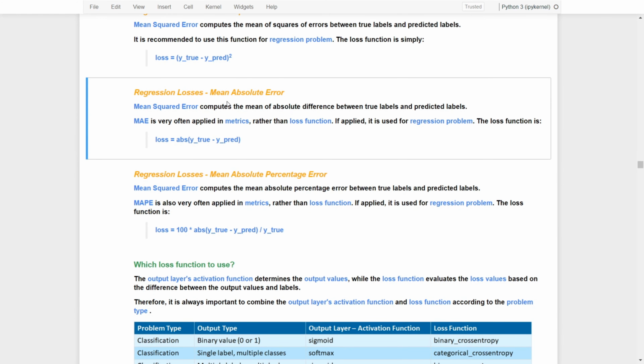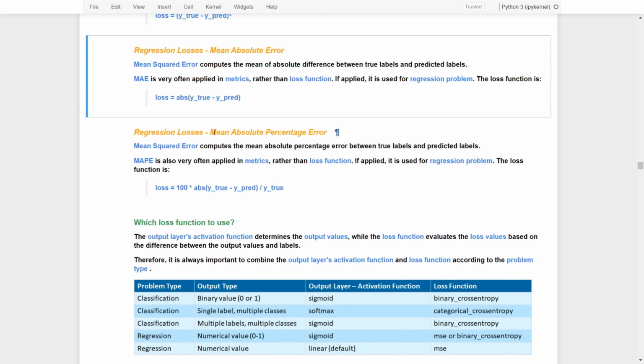And for the MAE, that computes the mean of absolute difference between the true labels and the predicted labels. And the loss function is like this. MAE is very often applied as a metric rather than a loss function. If applied, it's mainly used for regression problems as well. And then the last one is the MAPE.